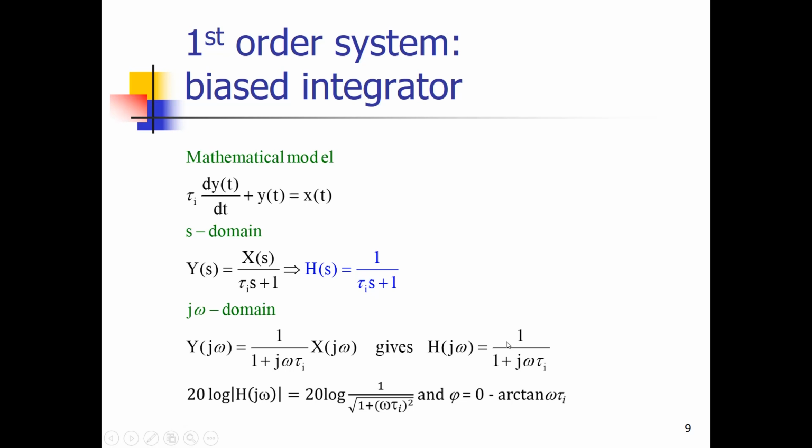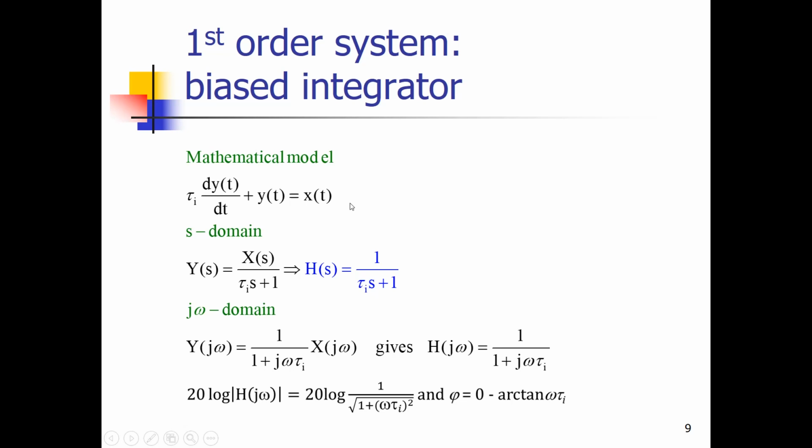Now let's look at the basic integrator, which is also known as the first order system. Well, this is the mathematical model. It says that the time constant of the system, Ti, times the derivative of the output plus the output equals the input. Well, there are lots of basic integrators in mechatronic systems.